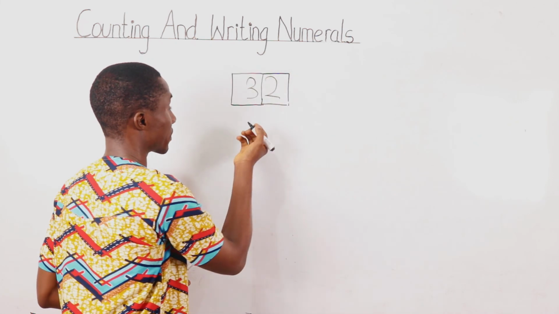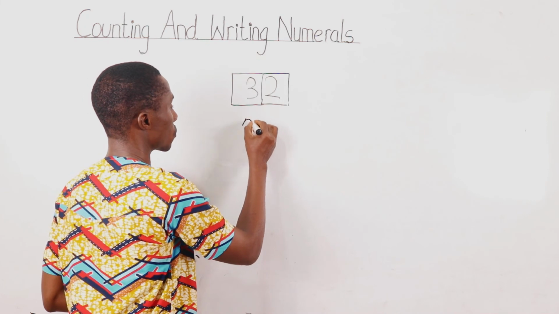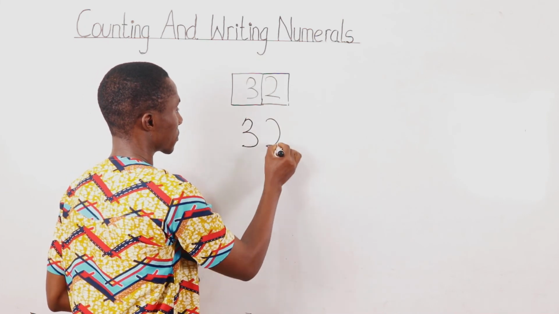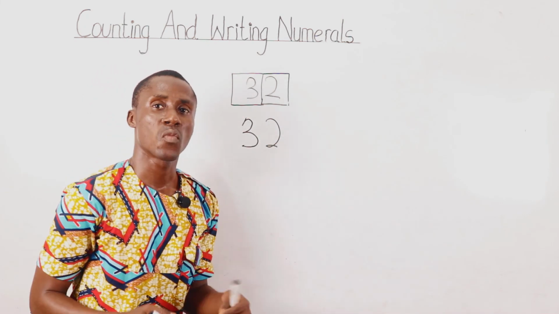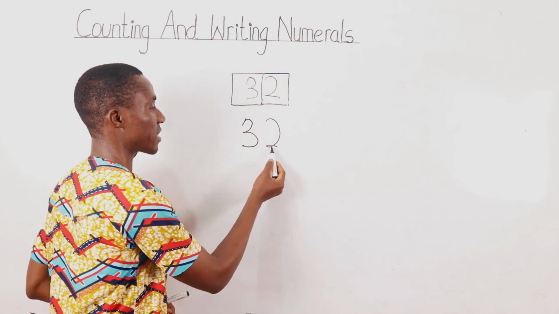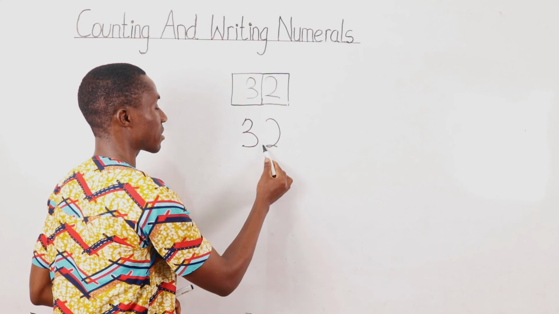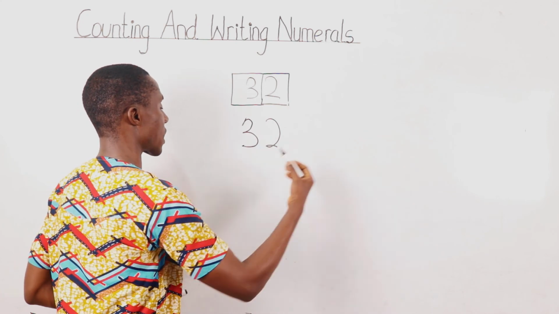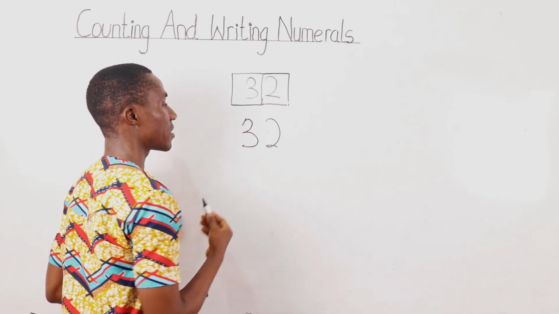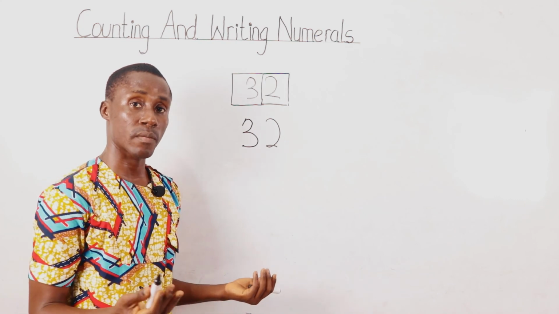We simply write the number 32 like that. But we know that when we see 32, the first digit from the right hand side is in the ones number place.